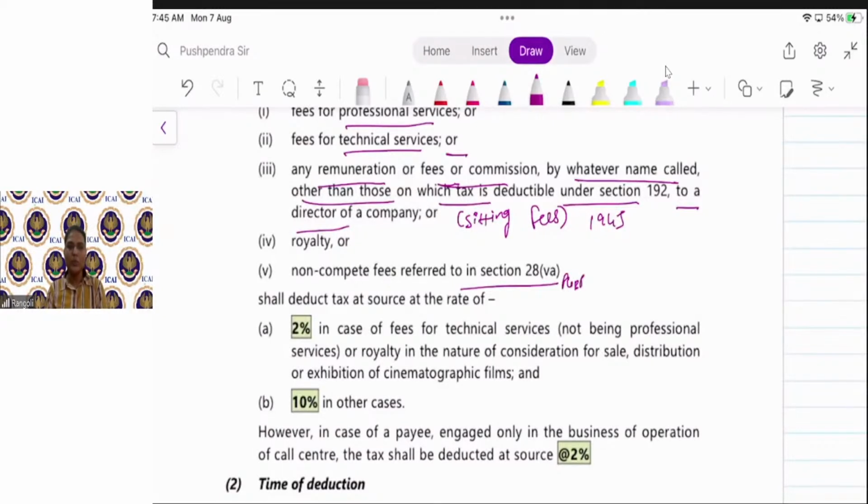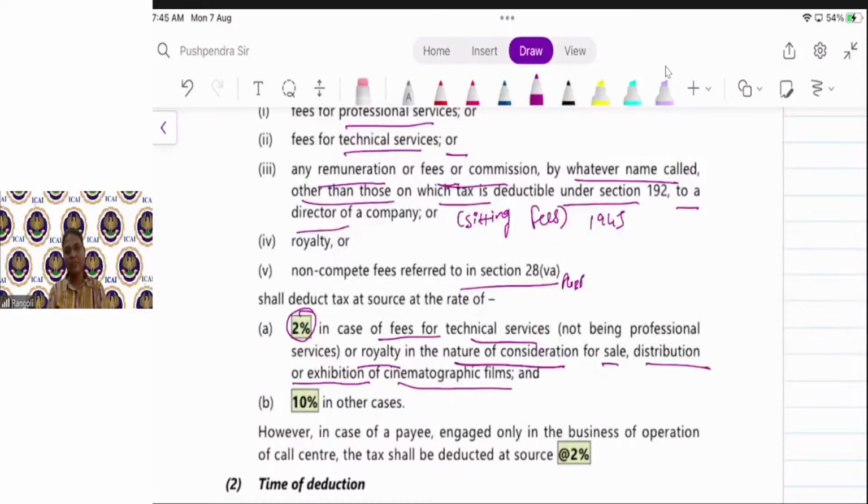Shall deduct tax at source at 2% in case of fees for technical service not being professional service, or royalty in the nature of consideration for sale, distribution, or exhibition of cinematographic film. So in these two cases, the TDS is required to be deducted at the rate of 2%. That is fees for technical service and royalty in the nature of sale, distribution, or exhibition of cinematographic film only.